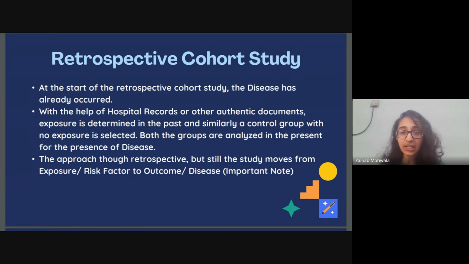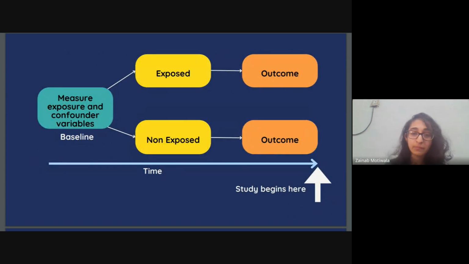But in this particular case, the medical records or hospital records are looked into the past in order to look at the exposure, and the disease is in the present time where the study is happening. Even though the disease has already occurred in the present, we start with the exposure groups. And that is more clear with this particular diagram.